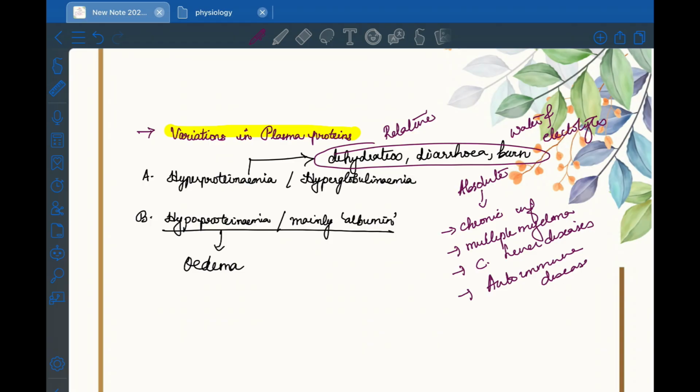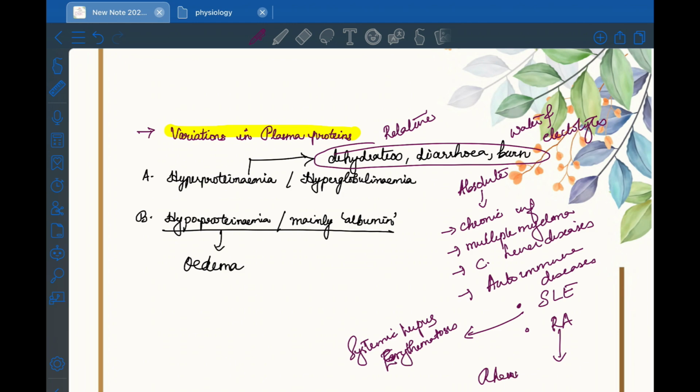Two important autoimmune diseases are systemic lupus erythematosus and rheumatoid arthritis. If you want, I can write the full form here. Systemic lupus erythematosus, and by RA it means rheumatoid arthritis.